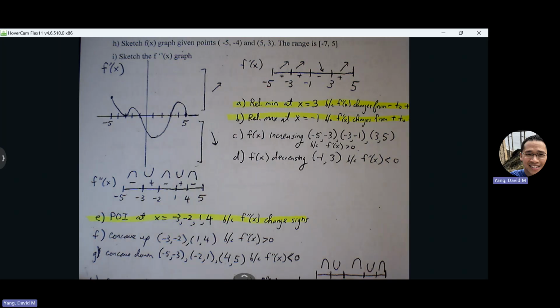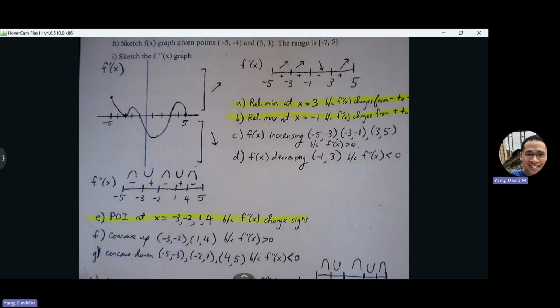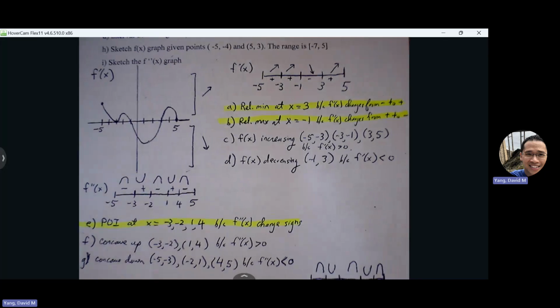Okay, I'm going to take this off and start doing the f prime graph, or sorry, f of x graph.